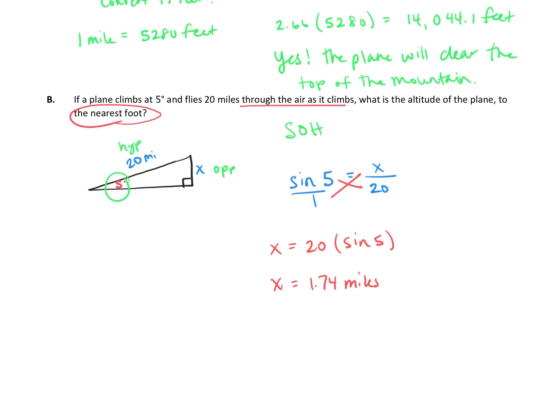But they want this rounded to the nearest foot. So let's convert to feet. We're going to take our 1.74 miles, multiply it by our feet per mile, 5,280, and we get 9,187.2, but rounded to the nearest foot will be 9,187 feet.